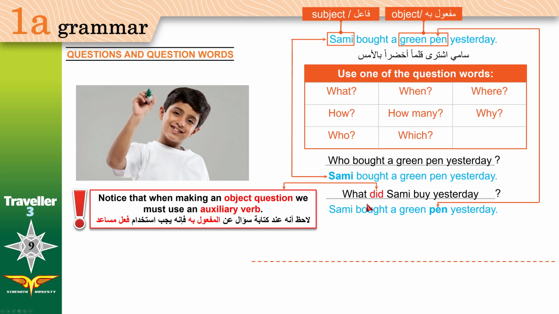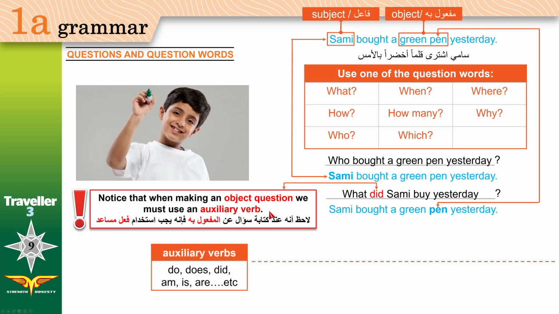Every time we ask about the object, you must use an auxiliary verb. What is an auxiliary verb? Auxiliary verbs like do, does, did, am, is, are, have, has, had, etc. All these are auxiliary verbs. Okay, why did we use did? Why didn't we use does or do?